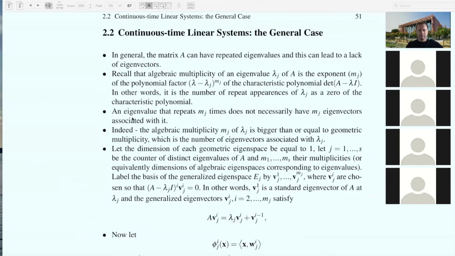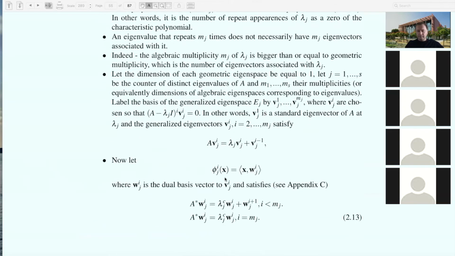Now we are going to define phi ji of x as an inner product between x and wji, which is the set of dual generalized eigenvectors.